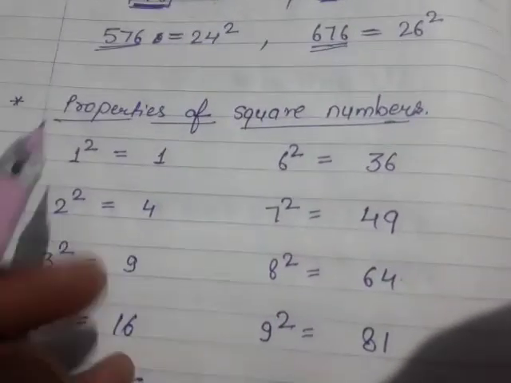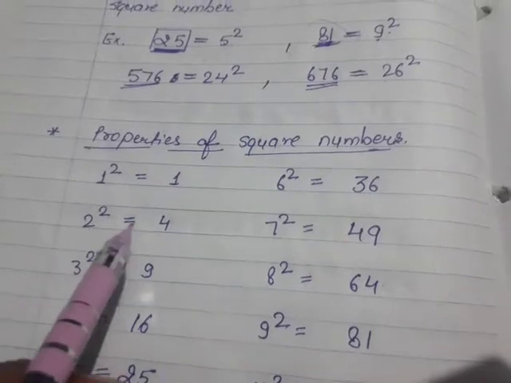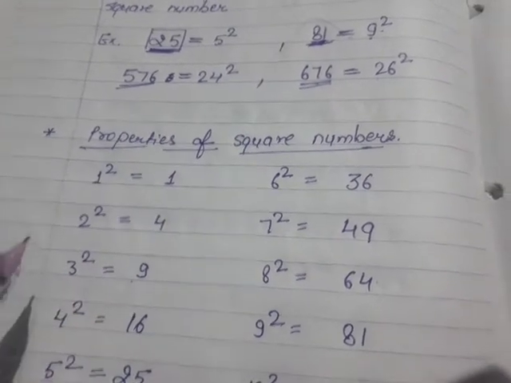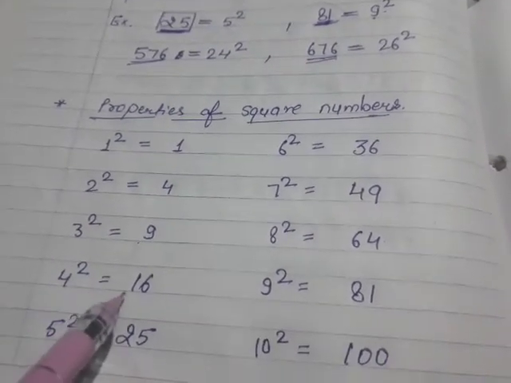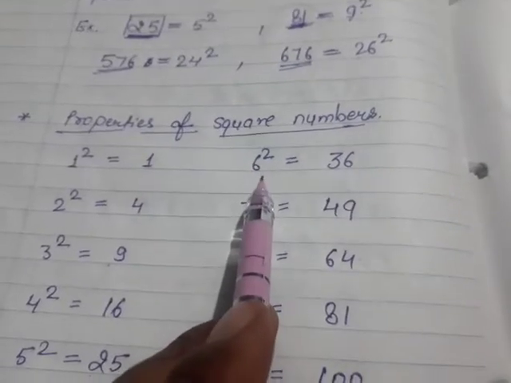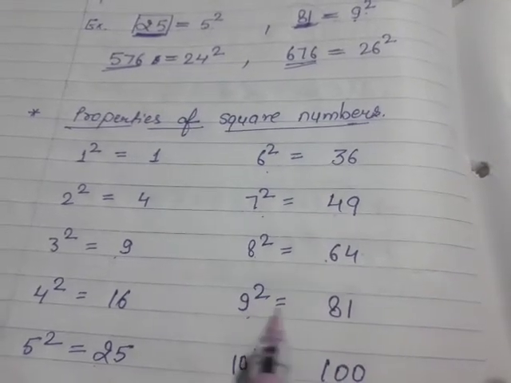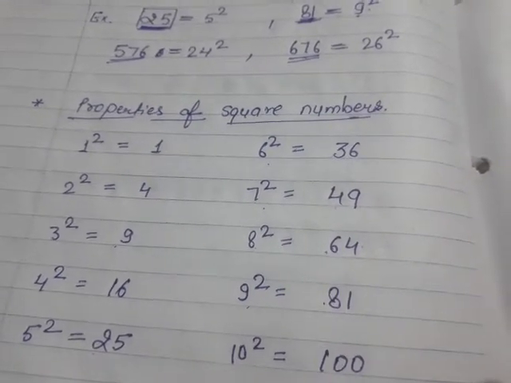Now, the properties of squares. We know that 1 square is 1, 2 square is 4, 3 square is 9, 4 square is 16, 5 square 25, 6 square 36, 7 square 49, 8 square 64, 9 square 81, and 10 square 100.